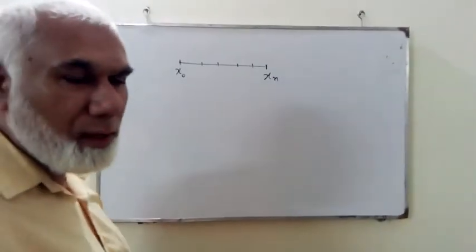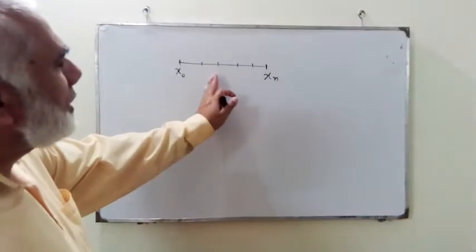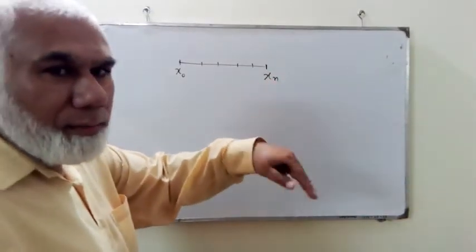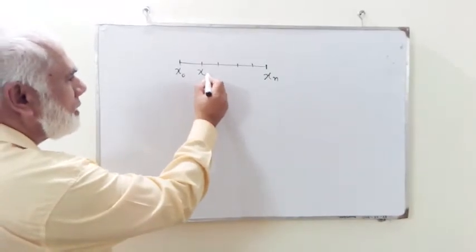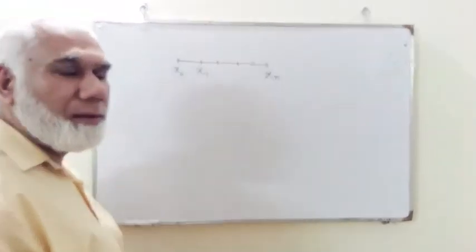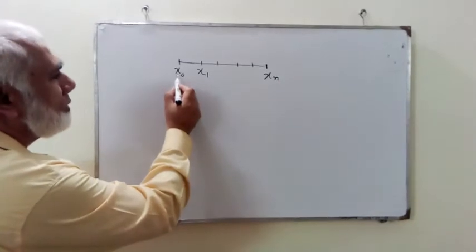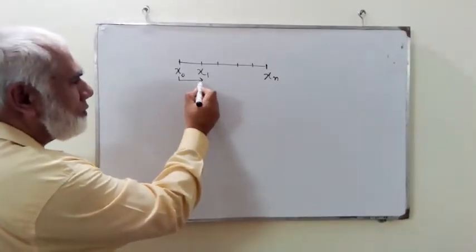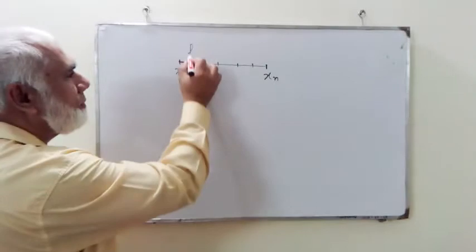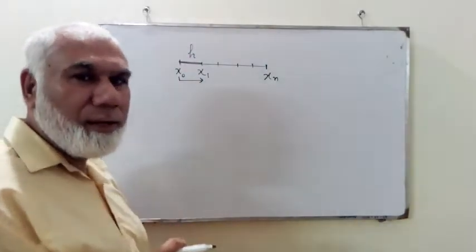These intervals may be of different lengths, but in numerical methods we generally divide them into equal lengths. To move from the location x0 to the next location x1, we are basically giving an increment to x0. In numerical methods, the increment is generally represented by the letter h.